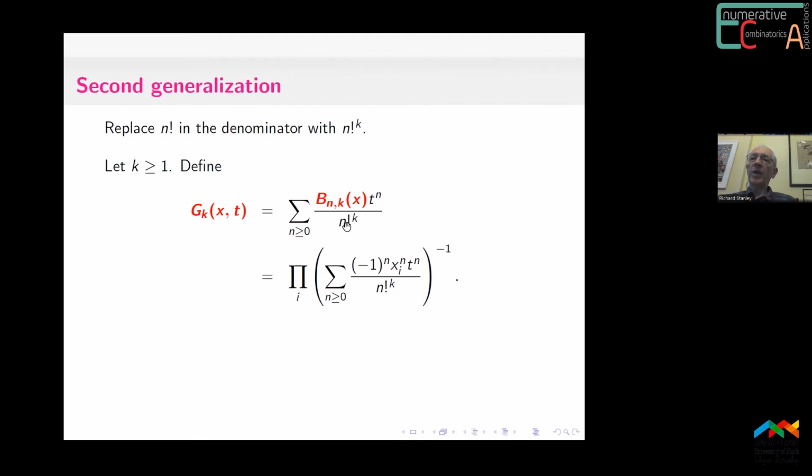And B_{n,k}(x) is defined by this product formula. So instead of dn factorial, we have n factorial to the k. We could even more generally look at dn factorial to the k, or even more general things than that, but I'll just stick to this simpler special case.